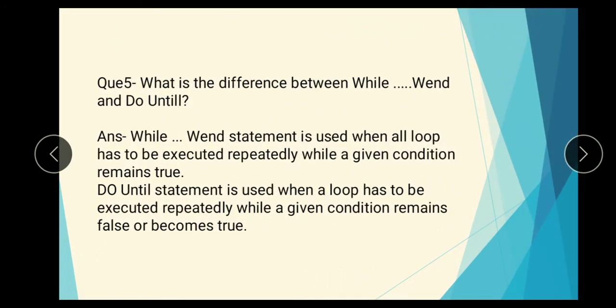Question number 5. What is the difference between while wend and do until? The while wend statement is used when a loop has to be executed repeatedly while a given condition remains true. The do until statement is used when a loop has to be executed repeatedly while the given condition remains false, or until it becomes true.